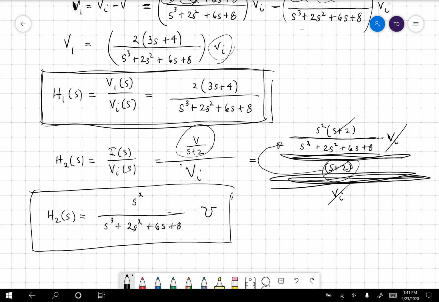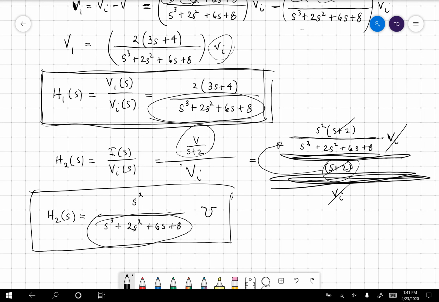Why did I kill you with that exercise? Because the denominators are exactly the same, and that's what you're going to find about transfer functions for a particular circuit. When you're taking the same input, your transfer function will have the same denominator everywhere.